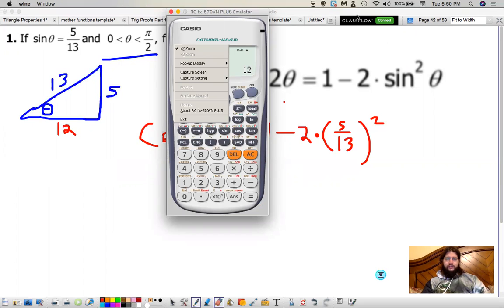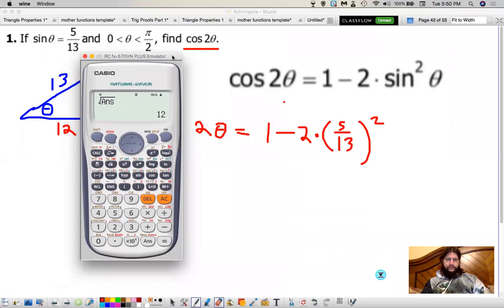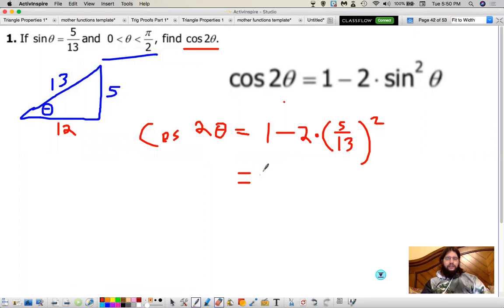Okay, hang on, let me reorganize this. 1 minus 2 times 5/13 squared equals 119 over 169. Sure, why not? That's our answer. Moving on along.